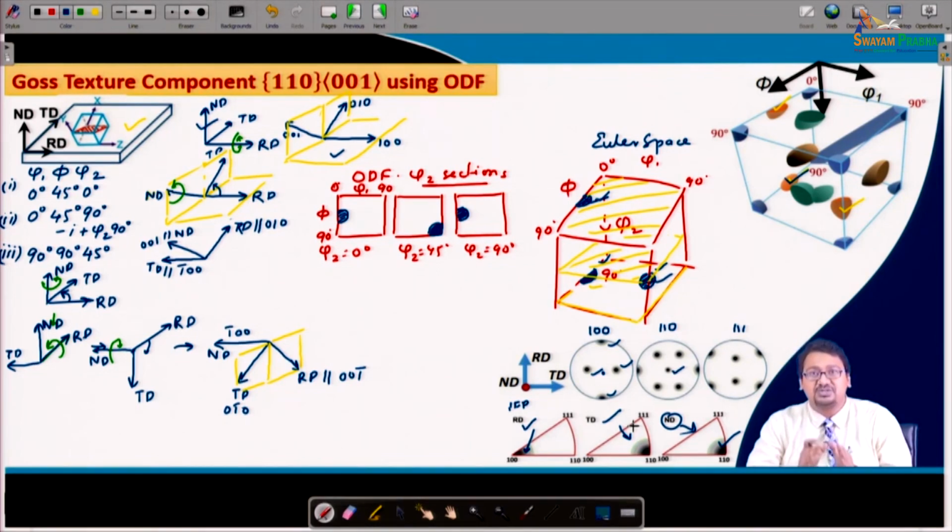Just the rotation should follow the Euler's angle principle given by Bunge, that is, Bunge's way of rotation phi 1, phi, phi 2, so that the specimen axis could be rotated to go to the crystal axis of that particular kind of texture, and in this case what we have shown here is for the Gauss texture.